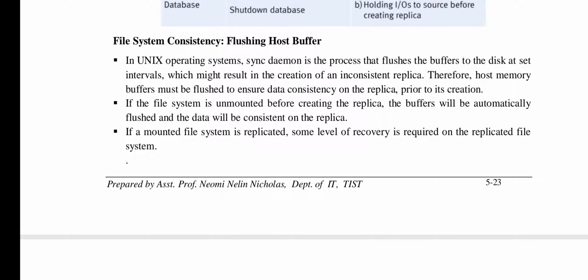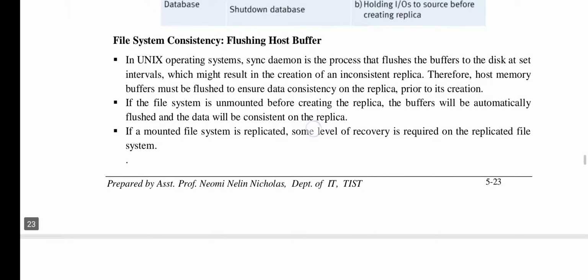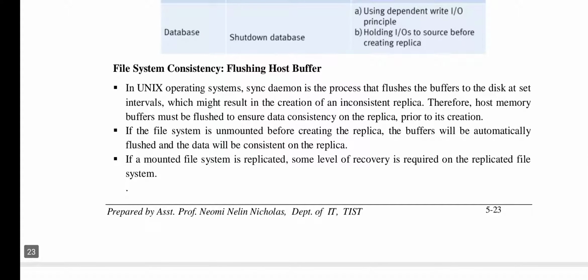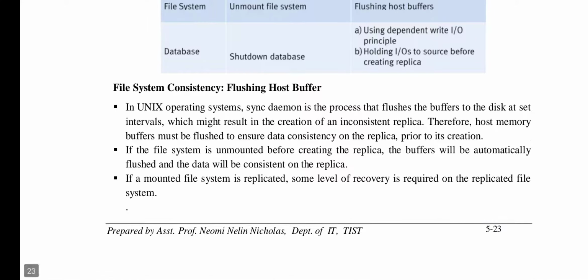The same thing is mentioned: if the file system is unmounted before creating the replica, the buffers will automatically be flushed and the data will be consistent on the replica. So unmounting is the offline method. And when it is kept online, the buffers are flushed before the replica is created so the data is consistent on the replica.